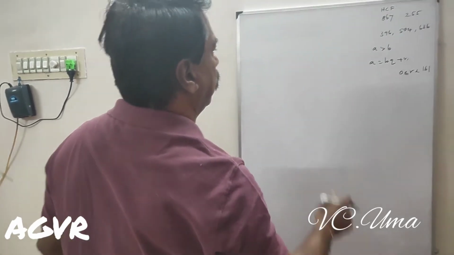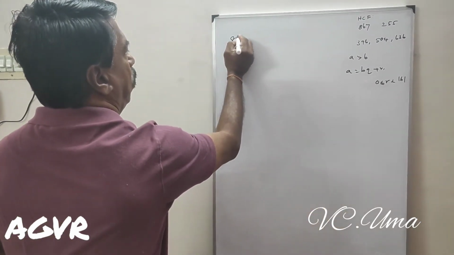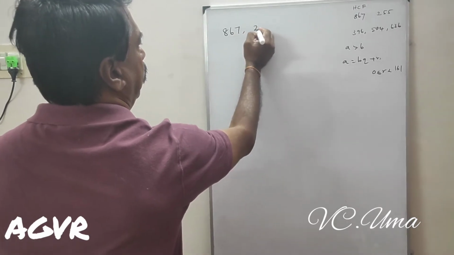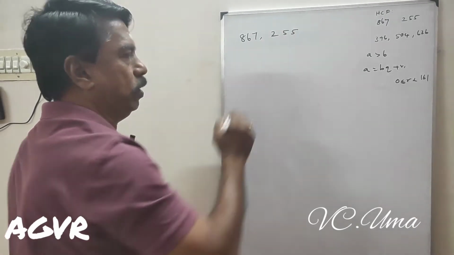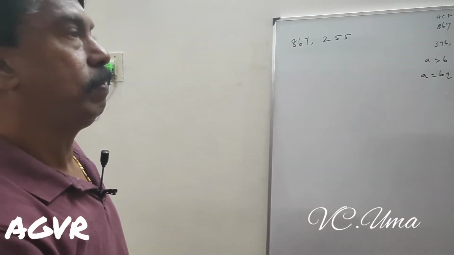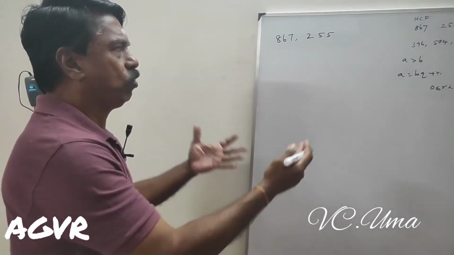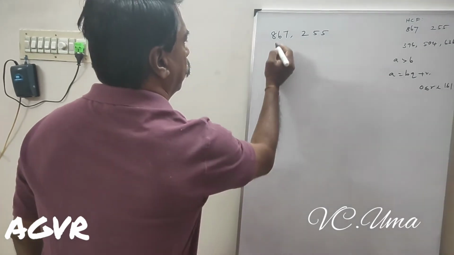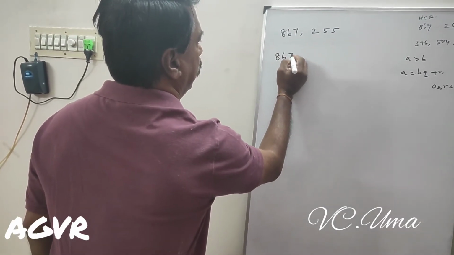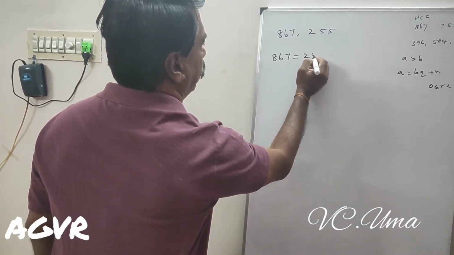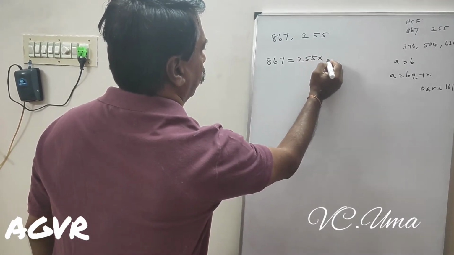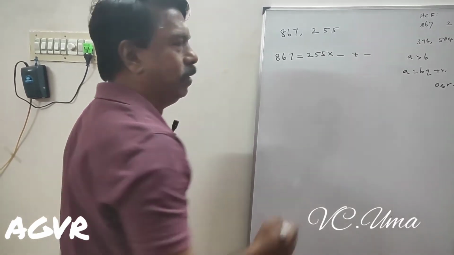First, what will be the HCF of 867 and 255? This is actually a division method. 867 is greater, so that should be written as 255 into some number plus some remainder.